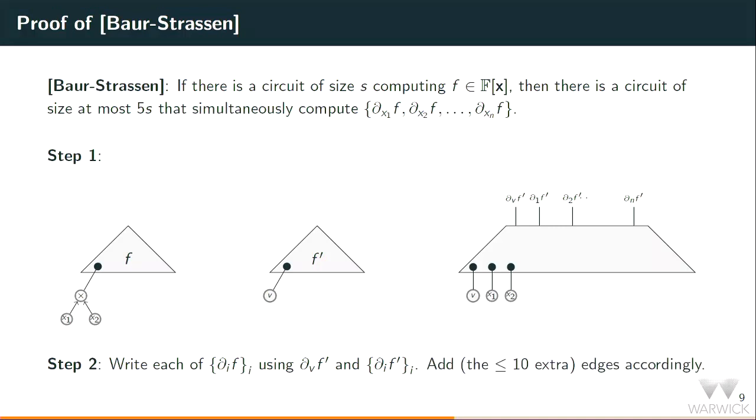So essentially, you reduce the number of vertices or edges, assume by induction that you can compute all the partial derivatives simultaneously, use the chain rule to get back our original thing. And it turns out that it all works out.